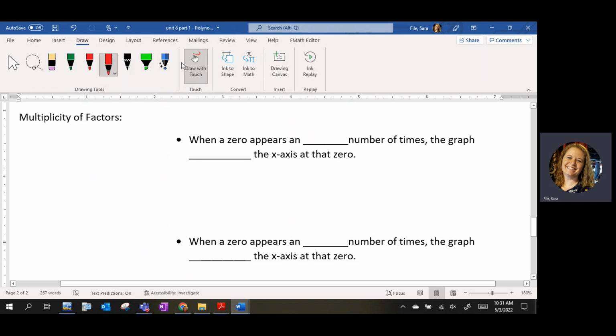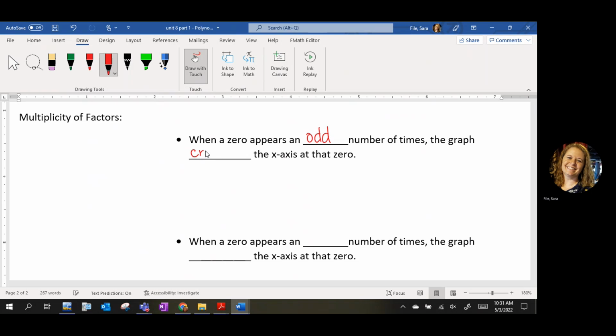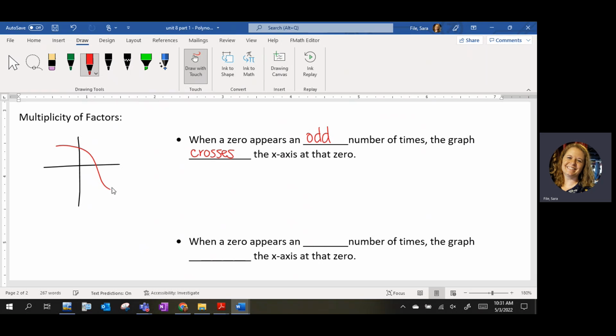If you have a 0 that appears an odd number of times, then the graph crosses the x-axis at that 0. So what that looks like, okay, you have whatever your graph is.